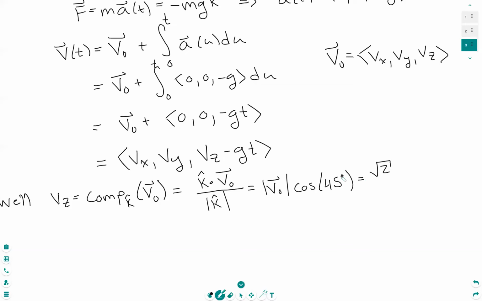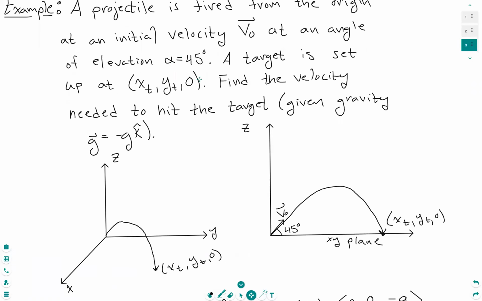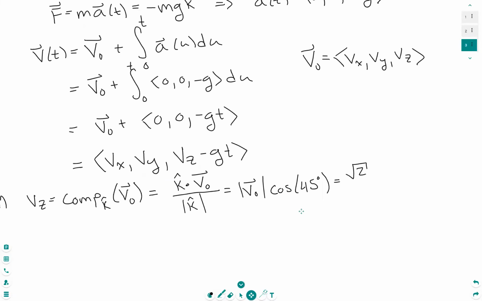It's because that was our angle of elevation from our problem, alpha. So the square root of 2 over 2 times the magnitude of V naught. So now we have a way of writing Vz in terms of the magnitude of V naught.